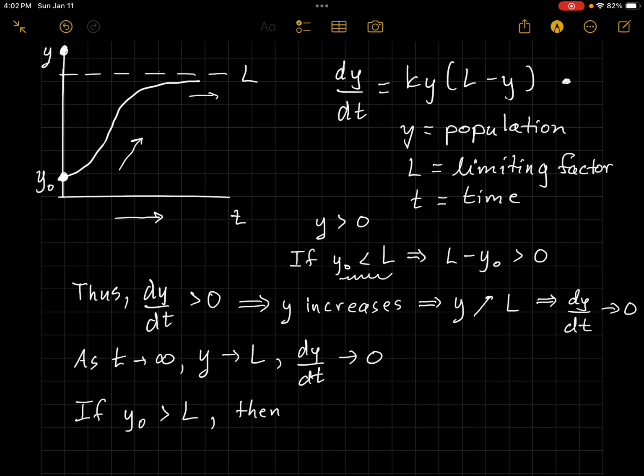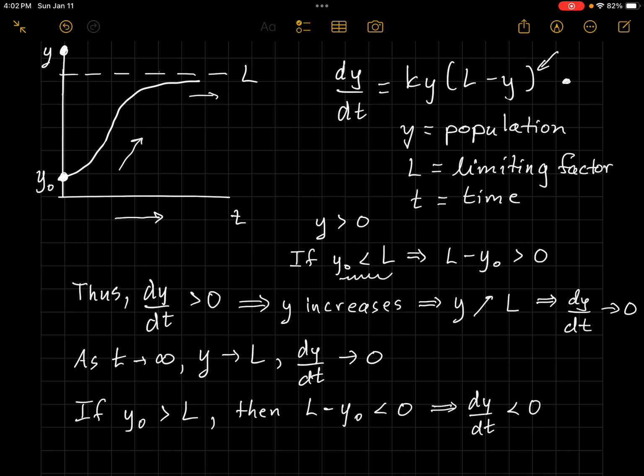Well, that simply means that L minus y naught is negative. And if this part of the differential equation is negative, then dy/dt must be negative as well.